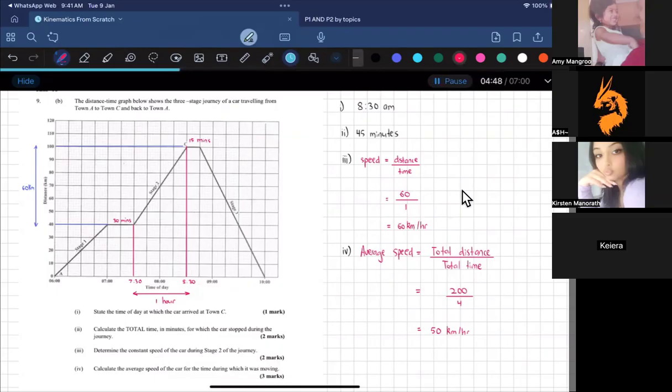Keely, do you think you'd be able to do a distance time question by yourself in 10 minutes or less? Yeah, after you copy this down. Okay, and then we're going to move on to velocity time, right? That's the plan.